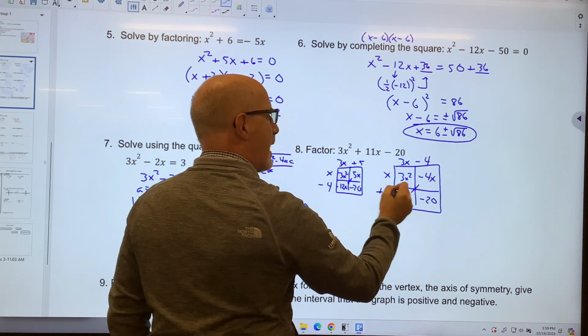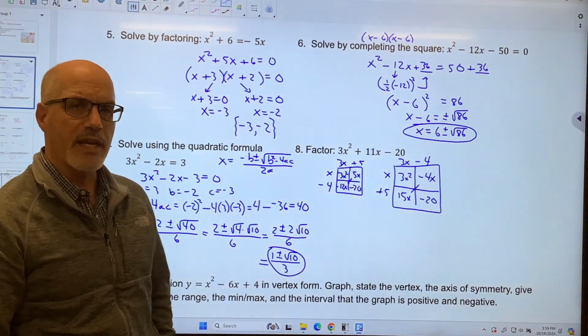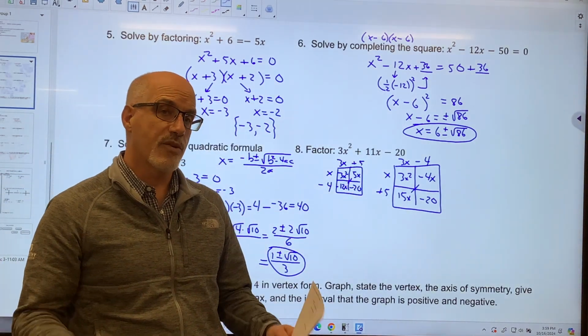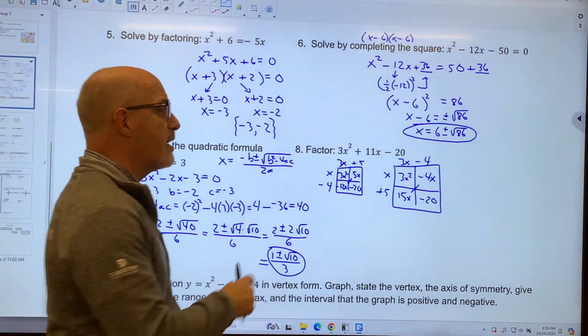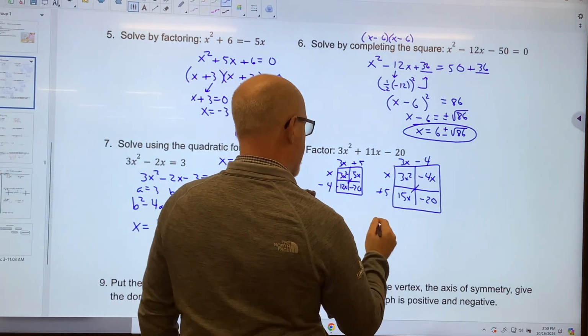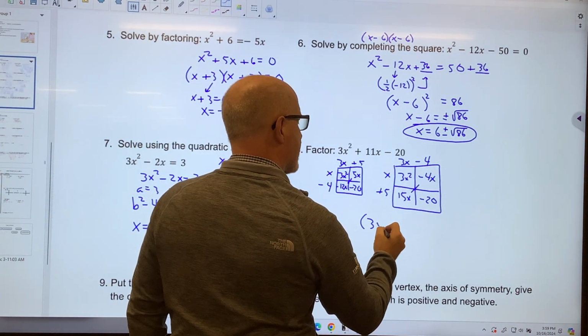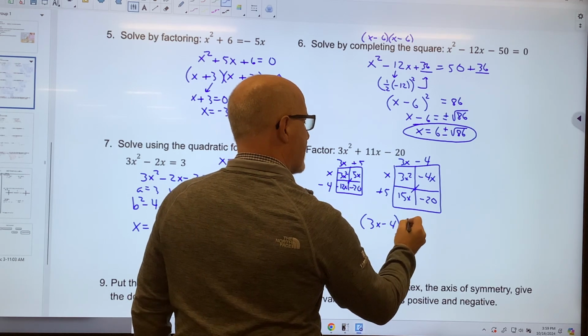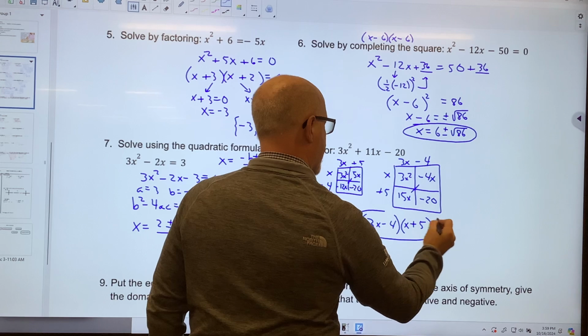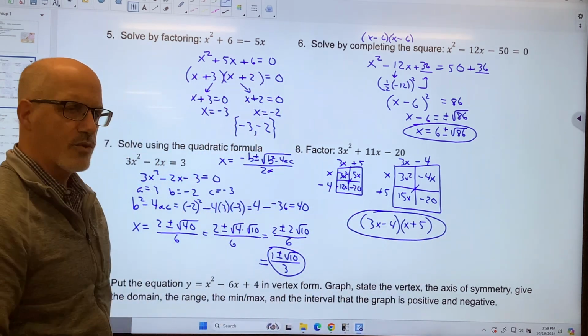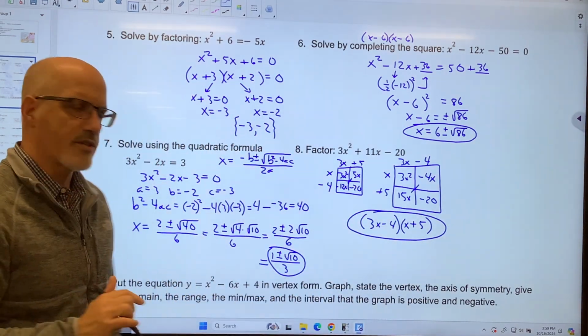Those two, when you add them together, you do get that 11x in the middle. So we've just organized our work to come up with the solution. The factorization of this is going to be 3x minus 4 times x plus 5. Okay, and don't try to solve it because there's no equation to solve on this one.